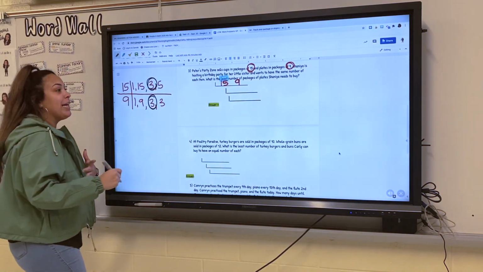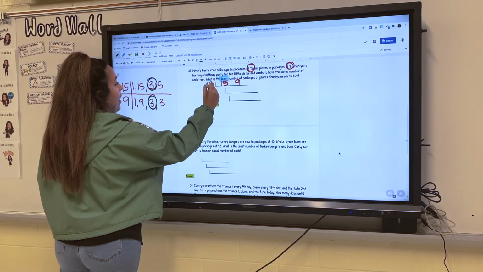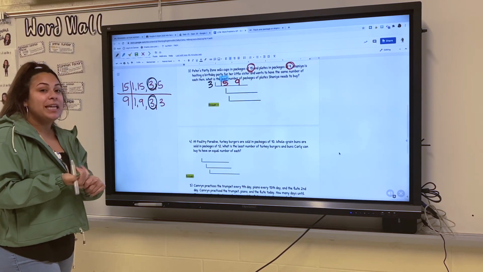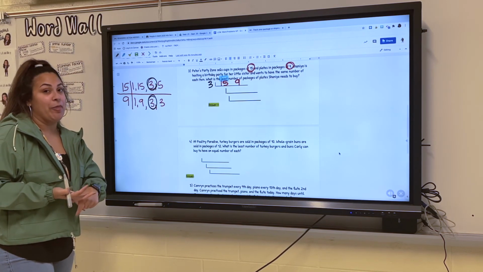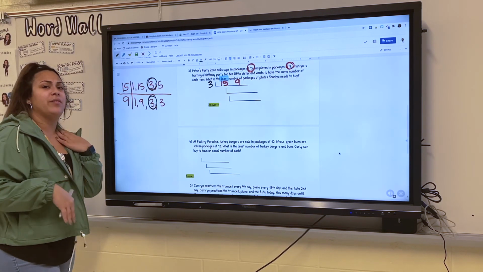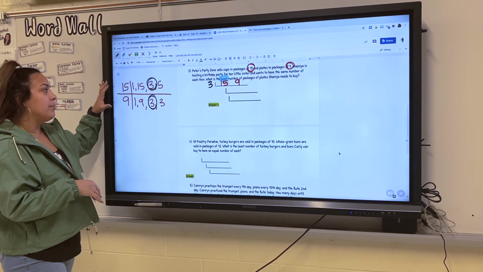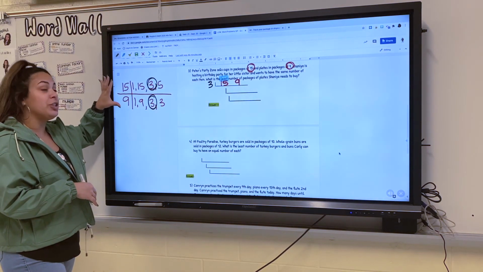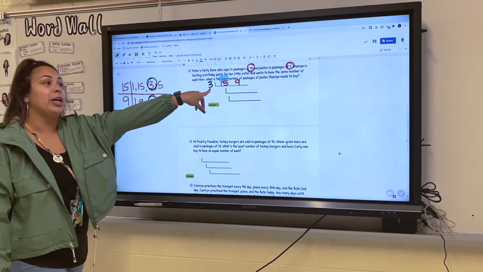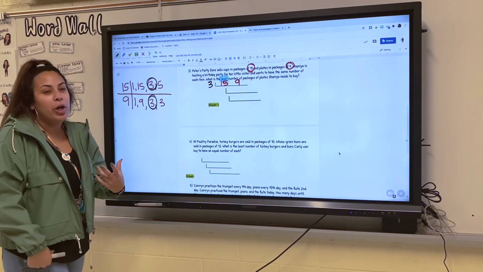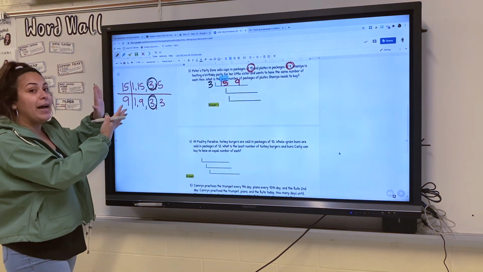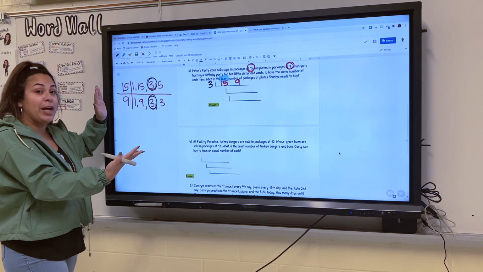So I'm going to write 3 on the outside of my ladder, and then I'm going to divide 15 by 3 and 9 by 3. Remember how I said in the last video, and also in a video last week, if you did a factor table, use it to help you figure out your answer when you divide, your quotient.